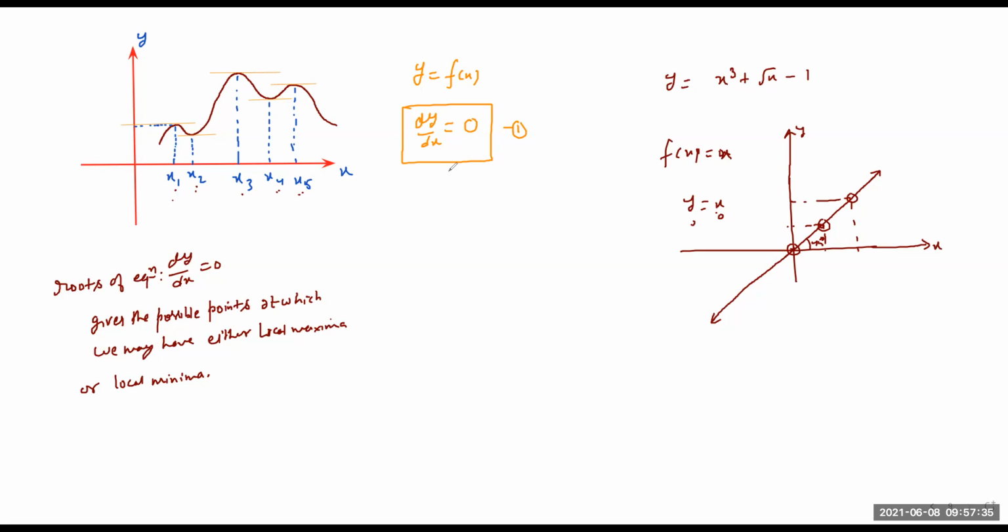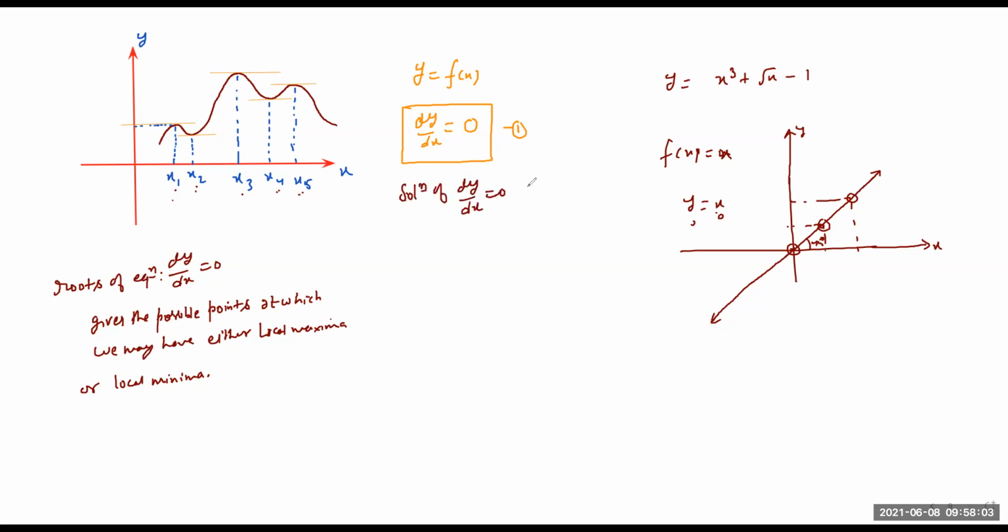In terms of mathematics, they are called critical points: the points at which there is a chance of getting either a maxima or a minima. We are not sure which one you will get, the trough or the crest, but at least one of the two is going to be there. That's for sure.